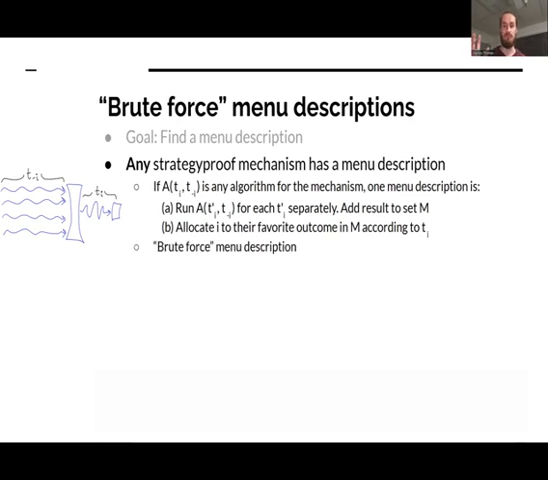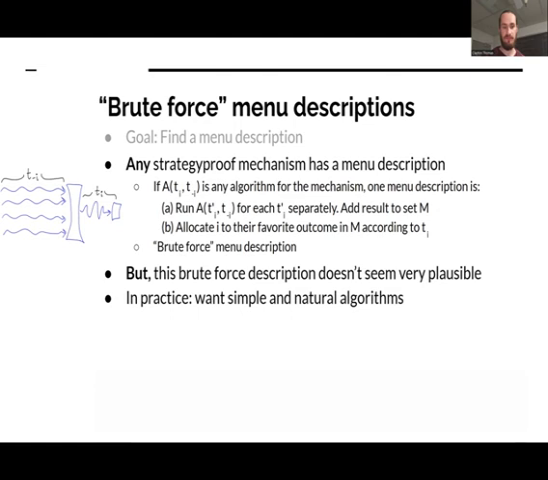You might call this a brute force menu description. Unfortunately, this brute force description doesn't seem very plausible. This seems quite a far cry from the algorithms people actually explain in practice, such as traditional DA or even TTC. In practice, what we would want are simple and natural mechanisms, natural algorithms.